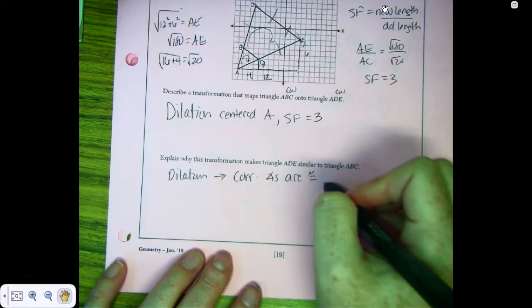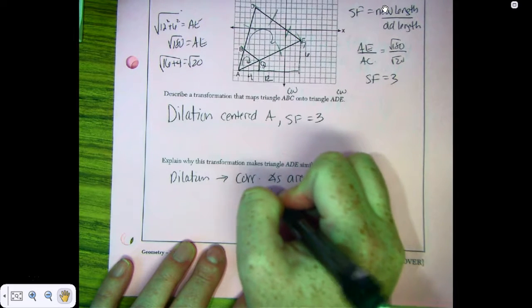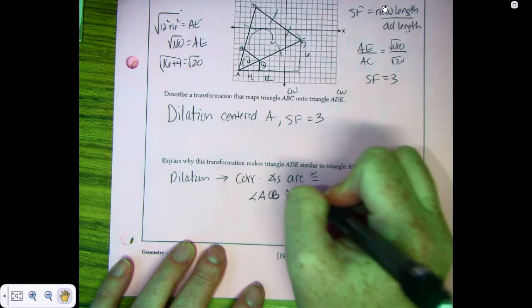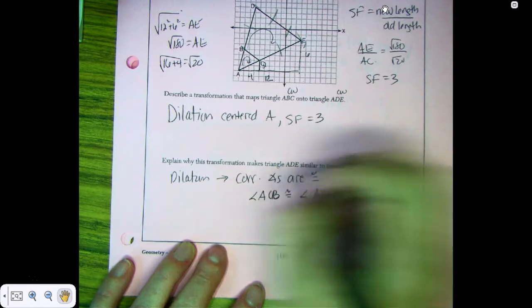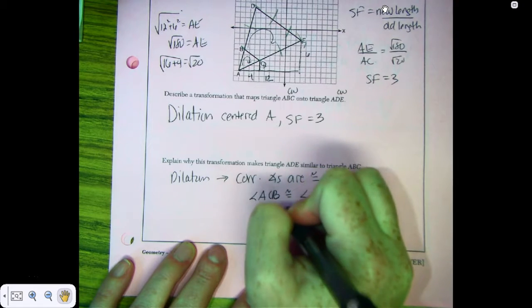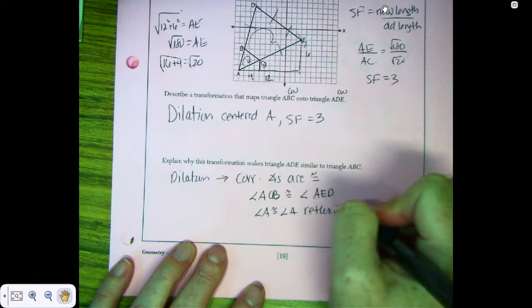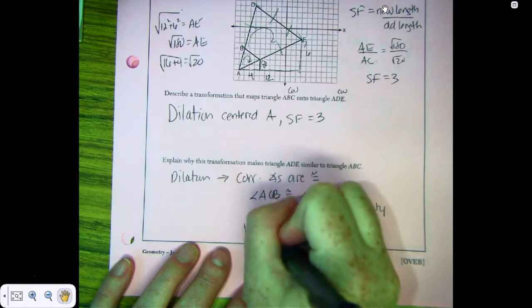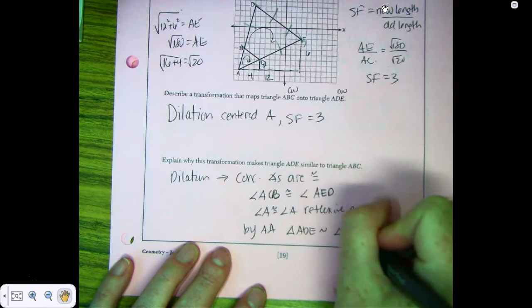And if the corresponding angles are congruent, angle ACB would be congruent to angle AED. And I know that angle A is congruent to itself by the reflexive property. So by angle-angle, triangle ADE would be similar to triangle ABC.